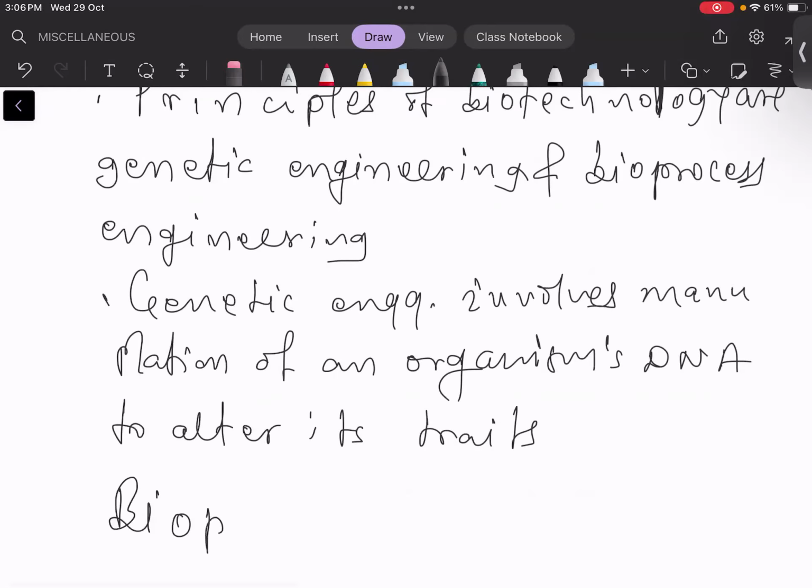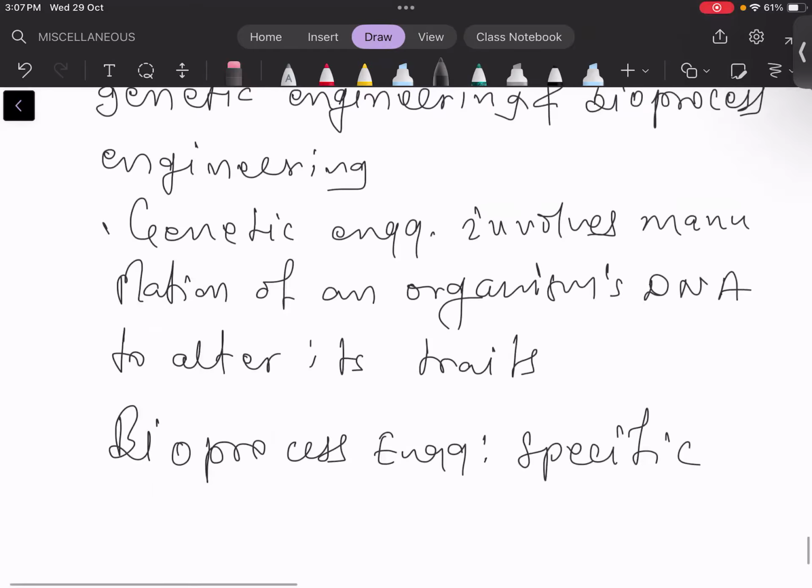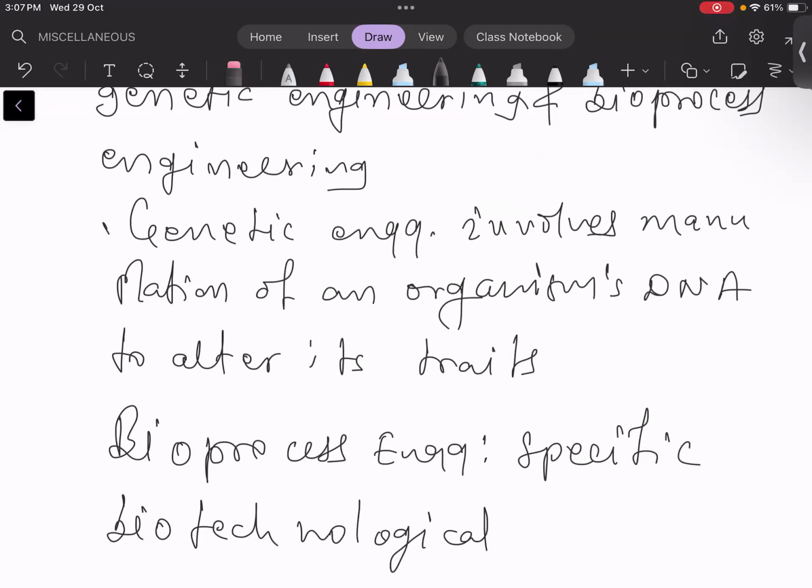Bioprocess engineering involves the manufacture of specific biotechnological products.